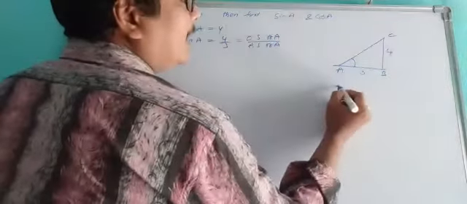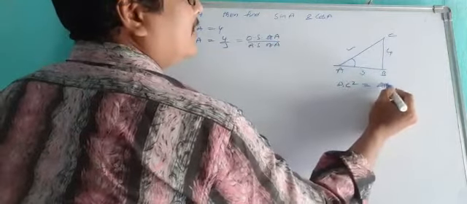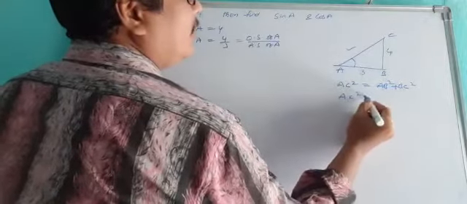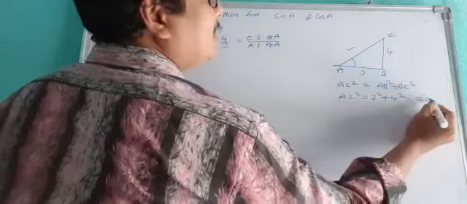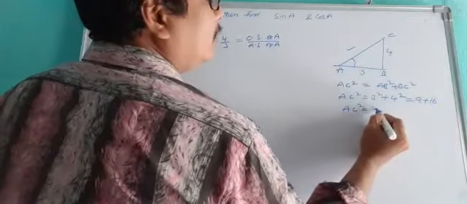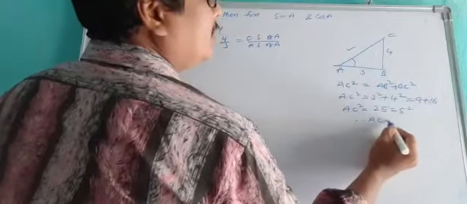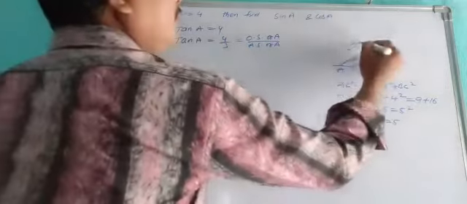By Pythagoras theorem, hypotenuse square equal to side square plus side square. So AC square equal to 3 square plus 4 square, that means 9 plus 16. So AC square equal to 25, that means 5 square. Therefore AC equal to how much? 5. Hypotenuse equal to 5.